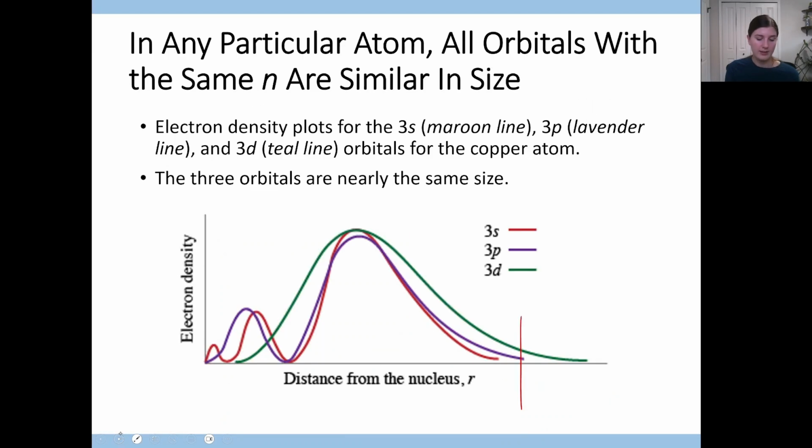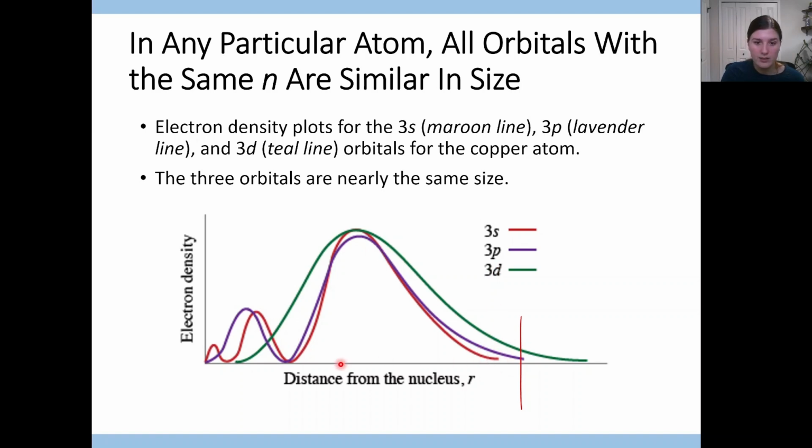Now if we look at orbitals with the same n, so the same principal quantum number, they are similar in size. So these all show principal quantum number 3. We have the 3s orbital, the 3p orbital, and the 3d orbital. So the 3 orbitals are nearly the same in size.